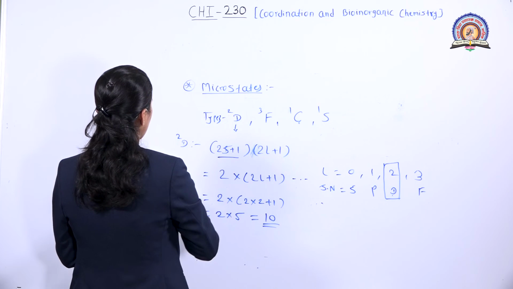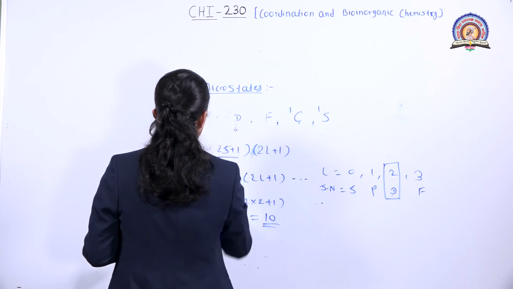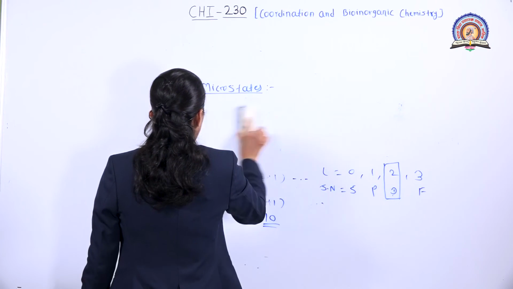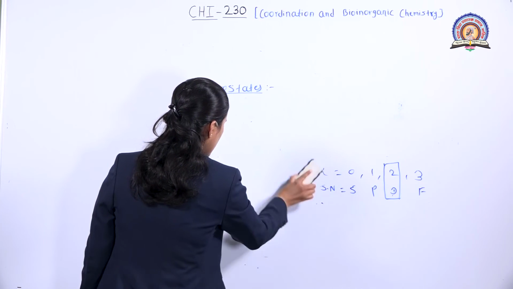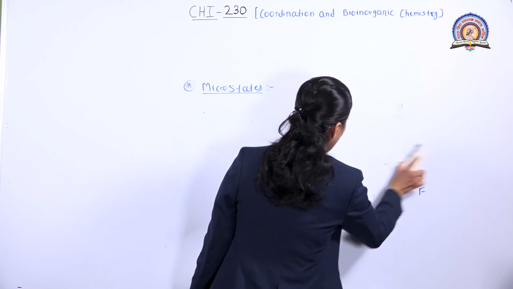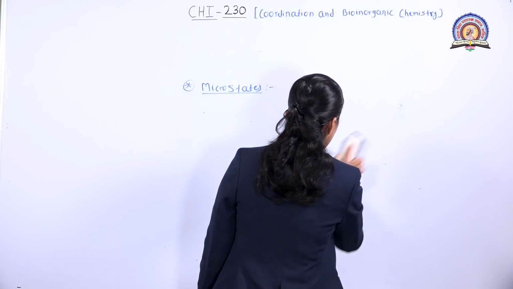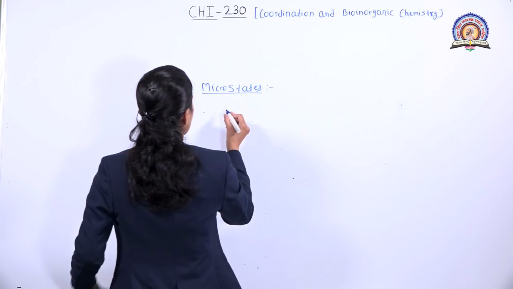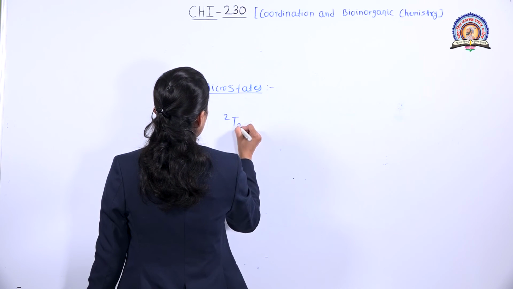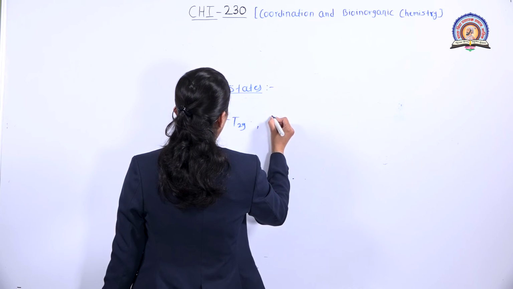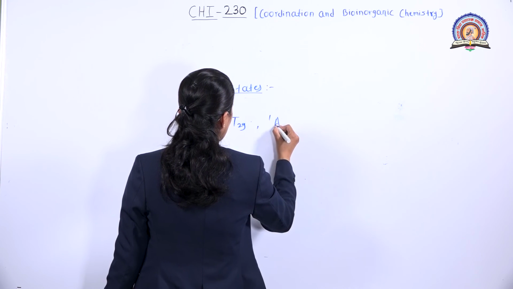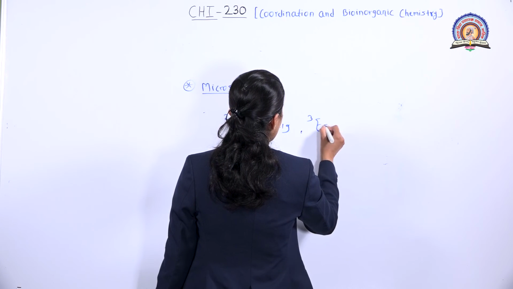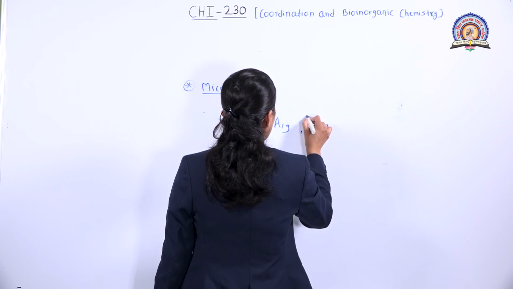Now let's see the fourth or last type. We know Mulliken symbols and the degeneracy for all Mulliken symbols. Suppose a Mulliken symbol is given and we have to calculate its microstates. For example, twice T2g is a Mulliken symbol, 1 A1g is also a Mulliken symbol, or thrice Eg, or twice Eg.